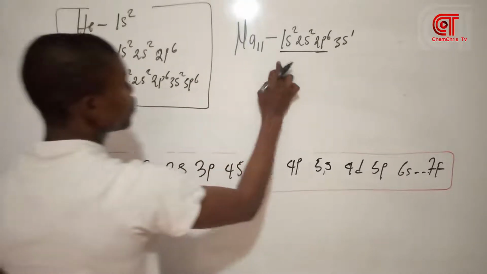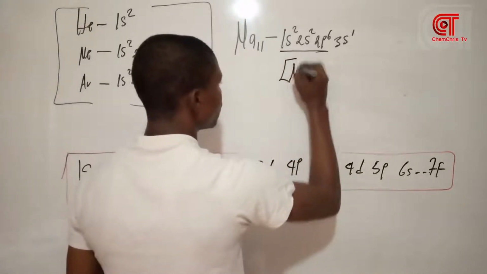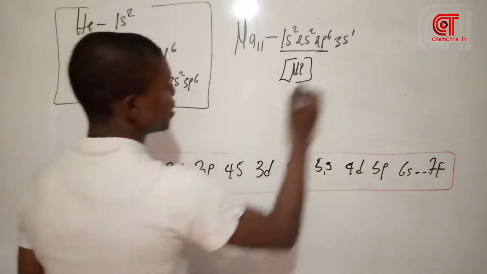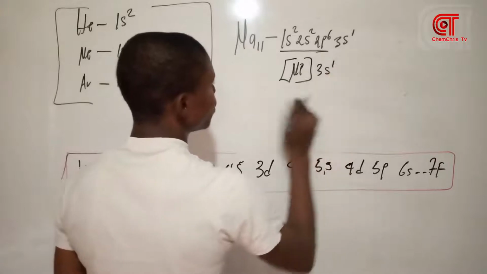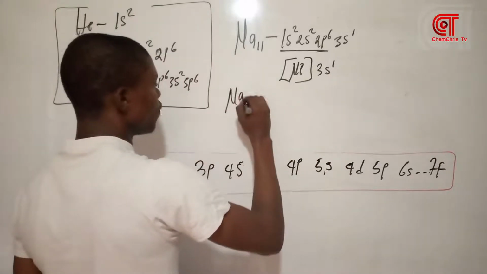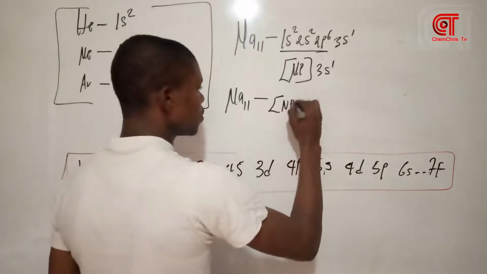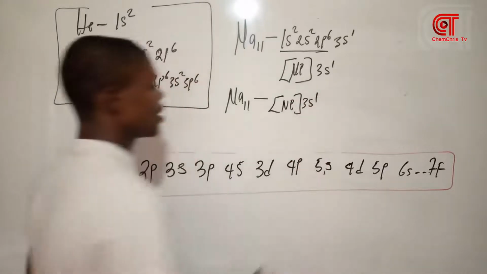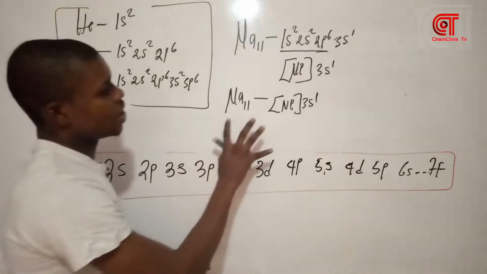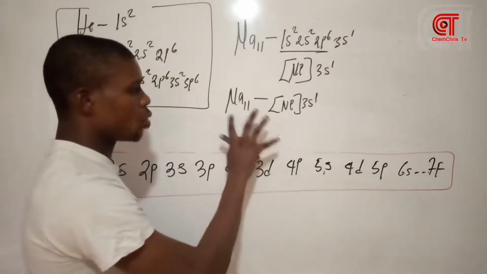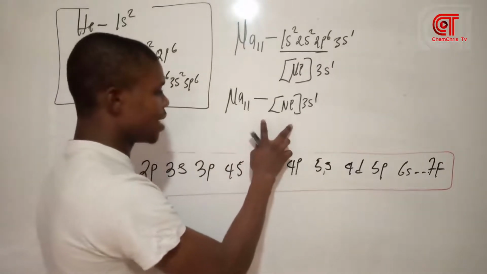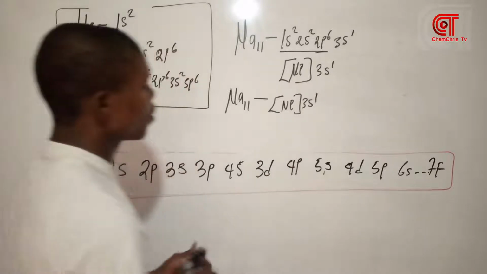So instead of writing the other stuff, you can just say neon in square brackets, then 3s1. So the electronic configuration of sodium is now [Ne] 3s1. Your exam may give you this, because you know it is using the condensed electronic configuration.